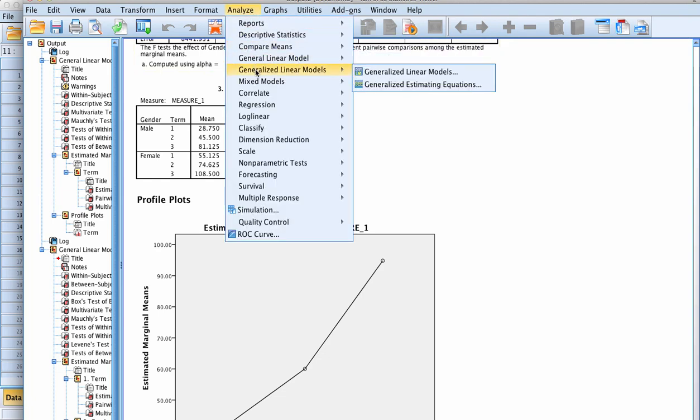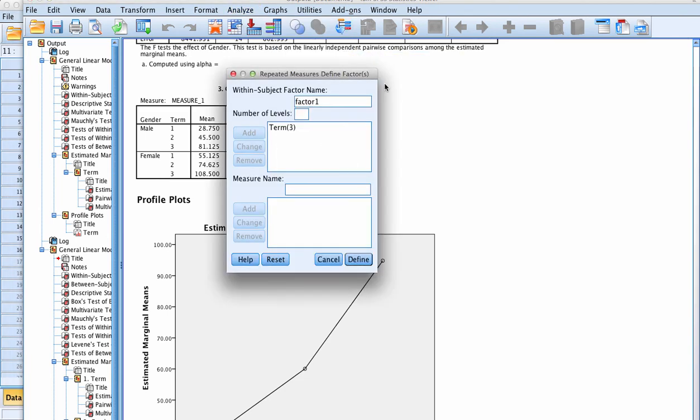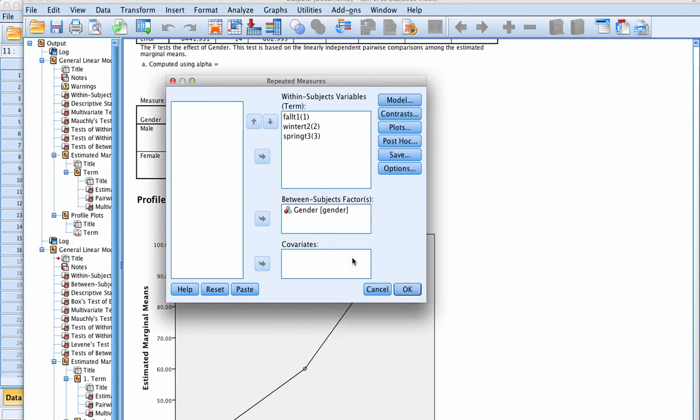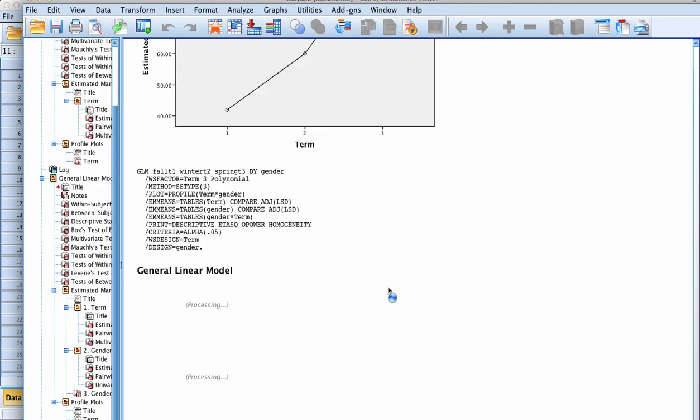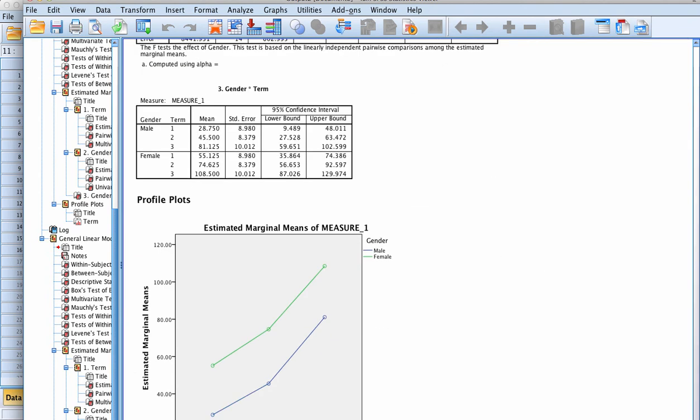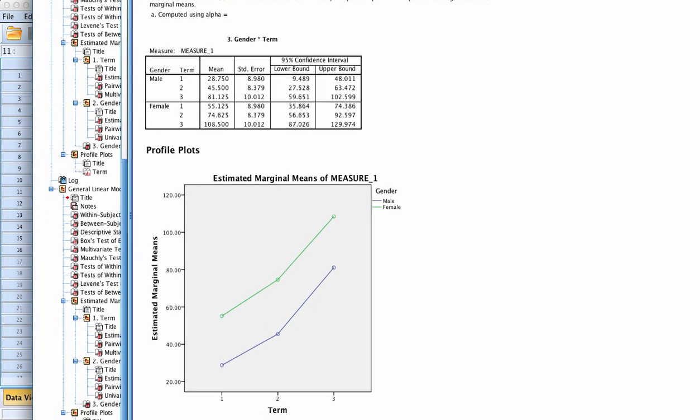Let me go back to Analyze, General Linear Model, and this is Define, this is OK, and then under Options, no, Continue, under Plots, I'm going to put gender on separate lines and term on the horizontal axis, and then I'll add those, and I'll remove the term variable and go OK.